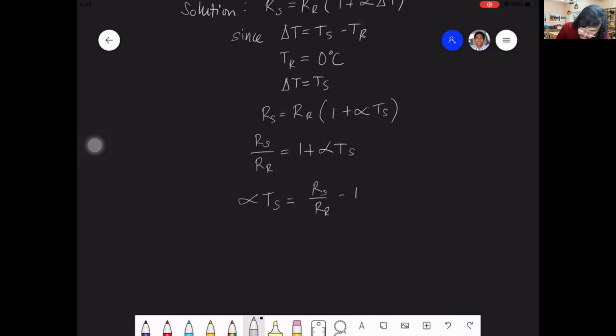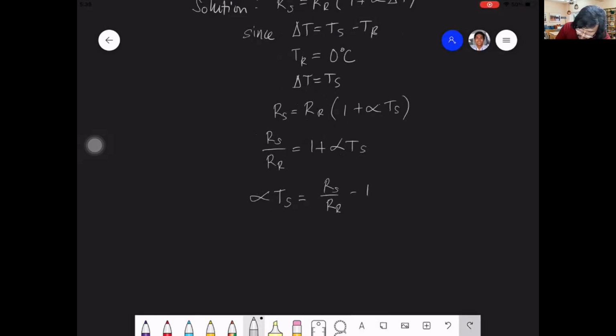And we move the alpha to the right. So it becomes R S over R sub R minus the quantity minus 1, all quantity times alpha.